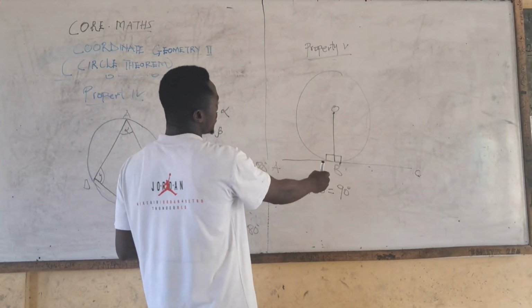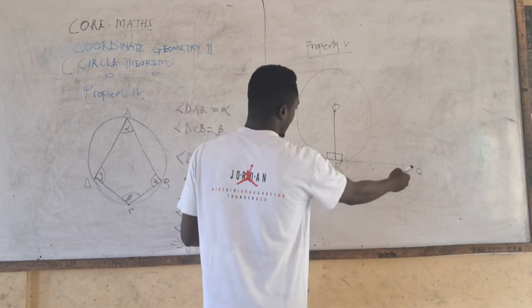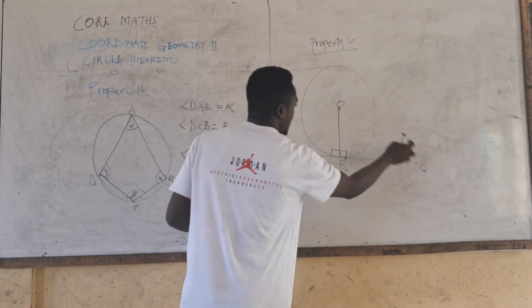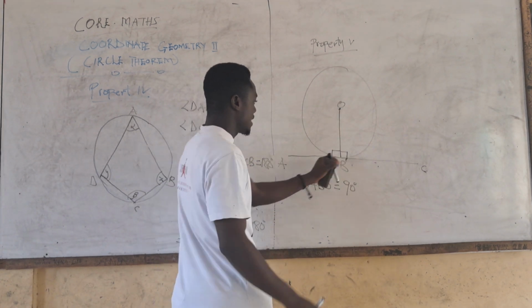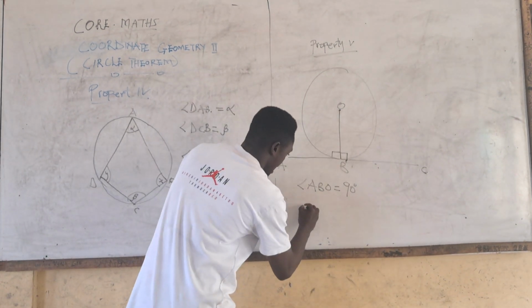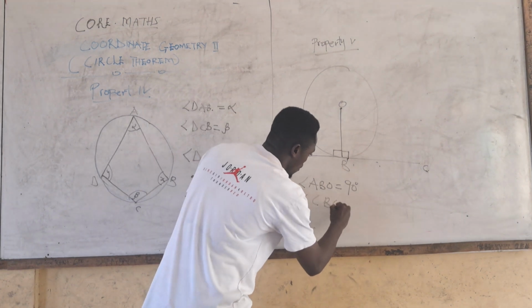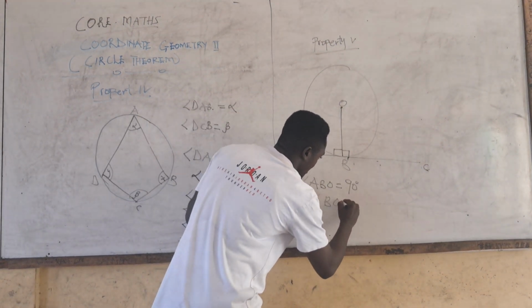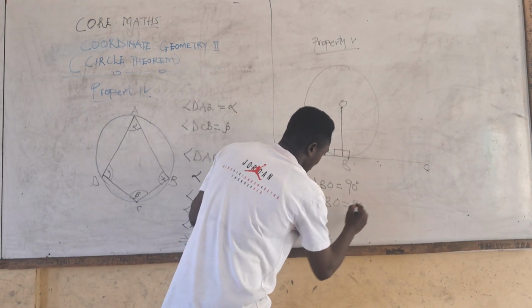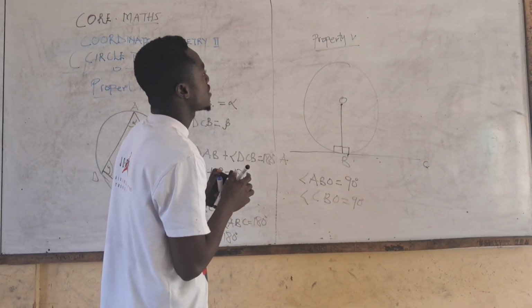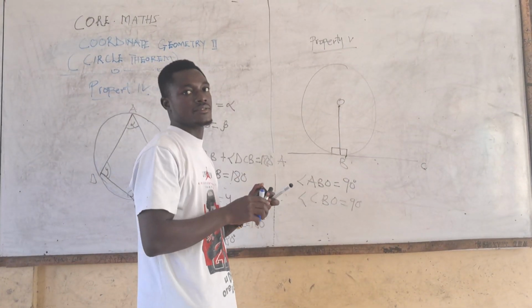We can also say that angle CBO is also 90 degrees. So that's all about property 5.